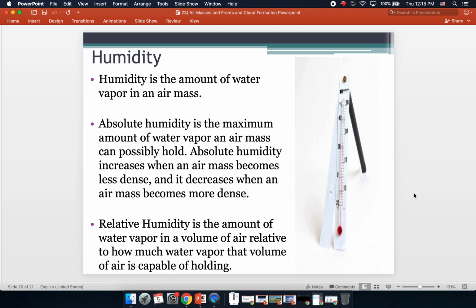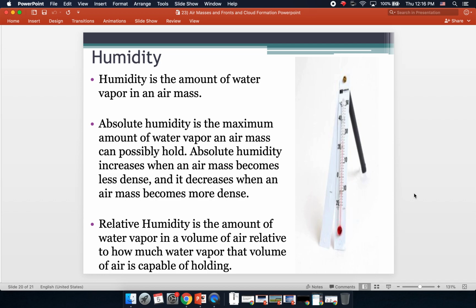So relative humidity can also change as absolute humidity changes. Let's say an air mass is at 50% relative humidity. It's holding half of the amount of water vapor it could be holding, and then it cools and the absolute humidity goes down, like its capacity to hold water vapor goes down.